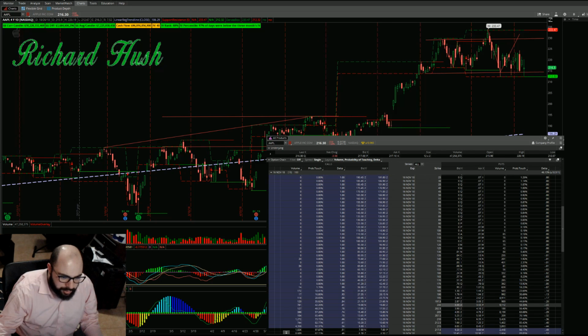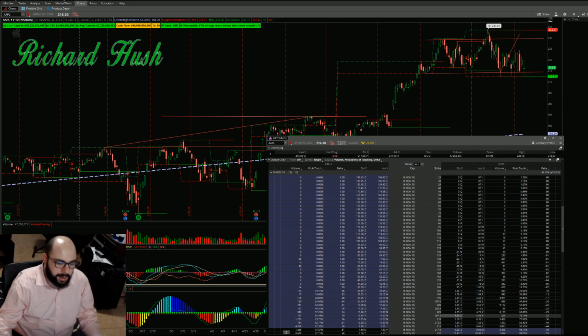Now, understand the 200 puts are delta 22, which gives them only a 22% chance of going in the money. The 207.5s, which are delta 3, give you a 33% chance of going in the money, a much better risk to reward, and are currently sitting at 5.25 and 5.50, bid and ask, okay?